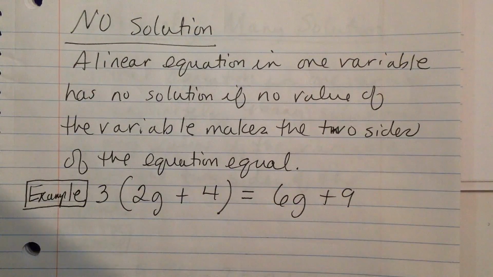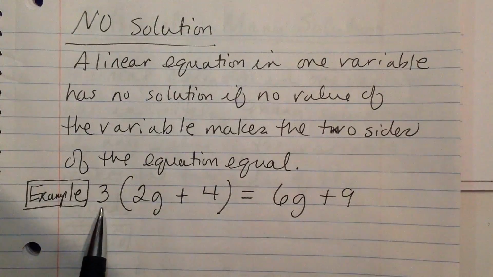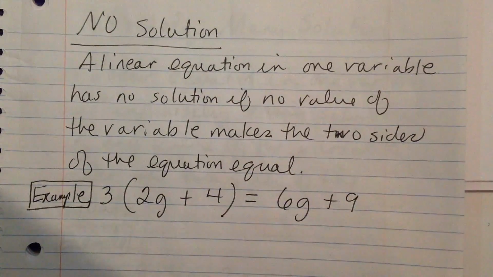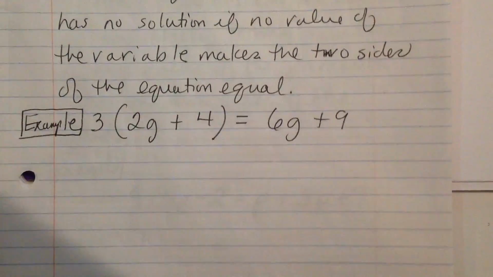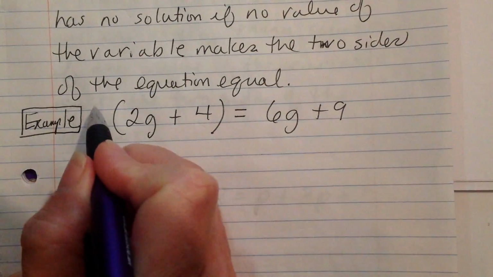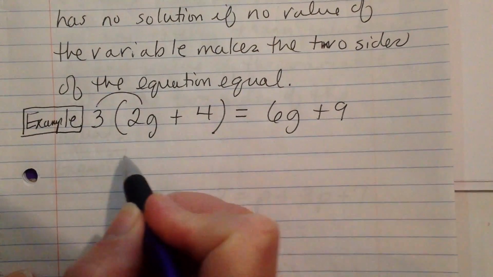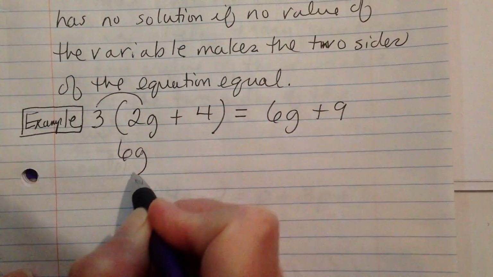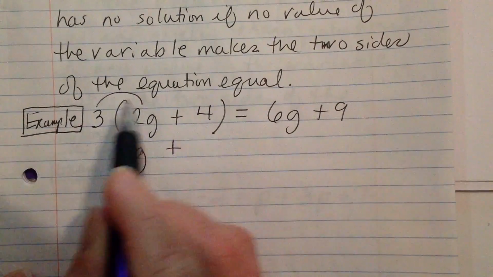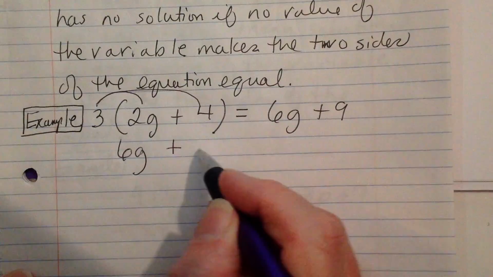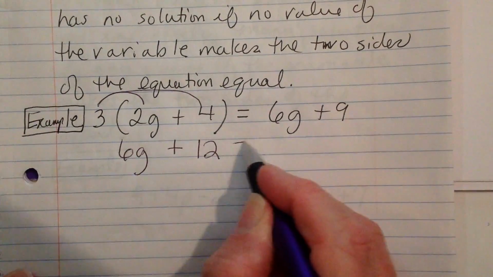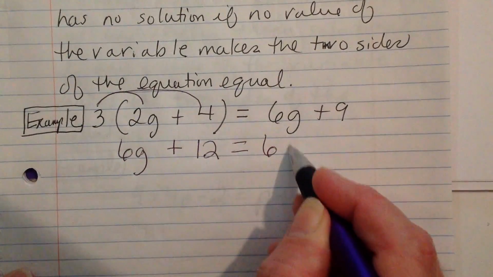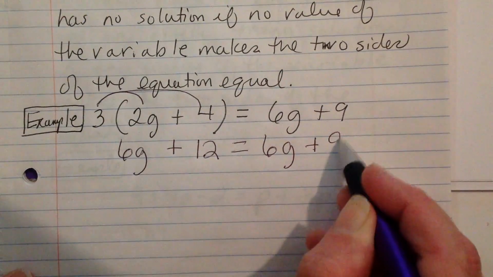So let's begin this problem. I see that I have a number out in front of a parentheses, which tells me to begin with distributing. So I'm going to distribute 3 times 2g gives me 6g plus 3 times 4 gives you 12 equals 6g plus 9.